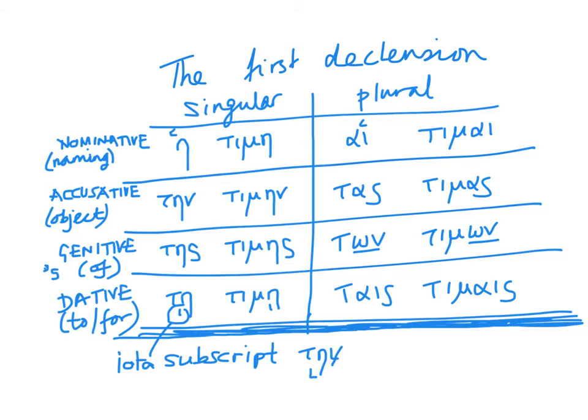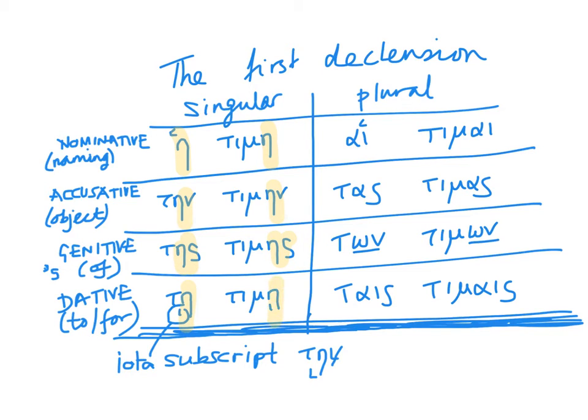One thing you'll have noticed, I hope, is that the endings of the noun rhyme with the endings of the definite article. So the word for the is hē, the ending of honour in the nominative is timē, and that can be seen throughout the table.